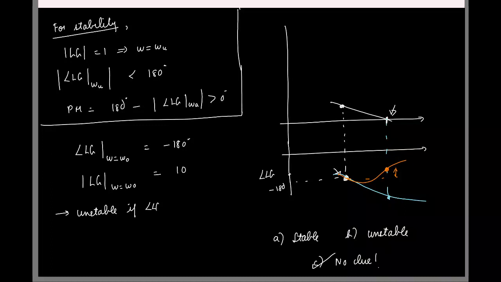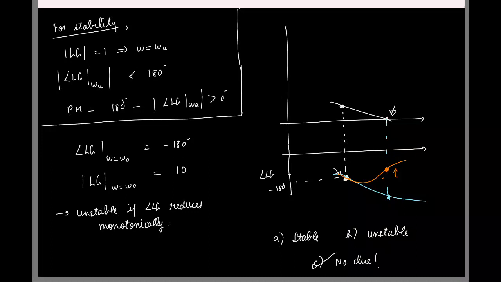Okay, and if the phase reduces monotonically, can you comment on the poles and zeros in the system? Difference should be greater than 2. Sorry? Poles, number of poles minus number of zeros should be greater than 2. No, nothing like that. Correct. What is it? No zeros.